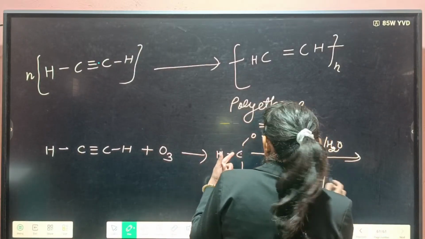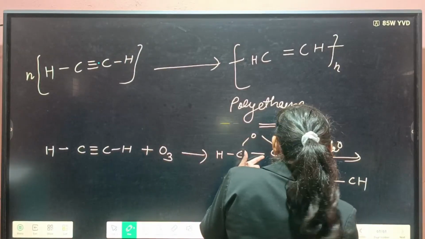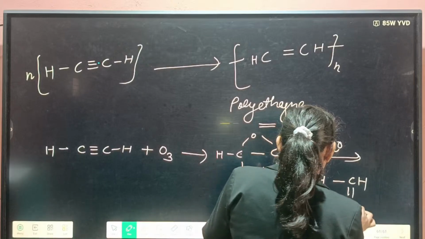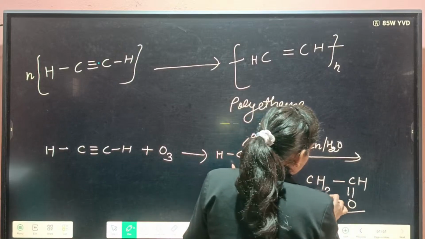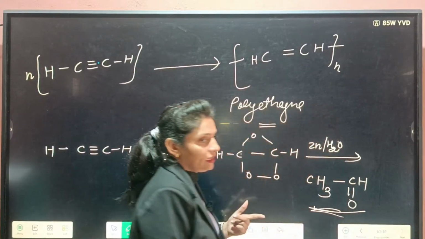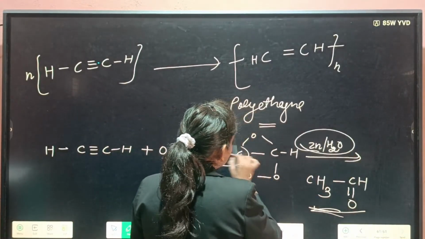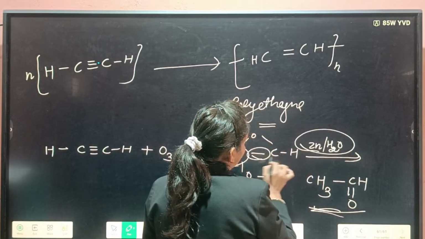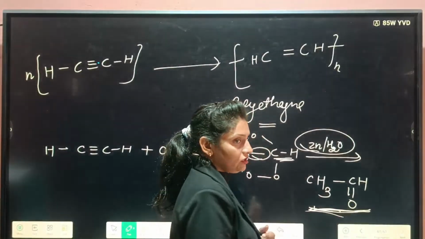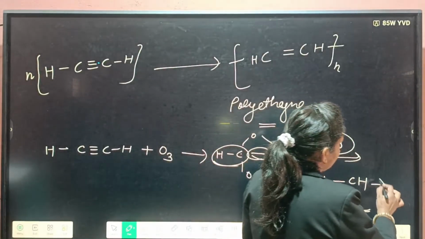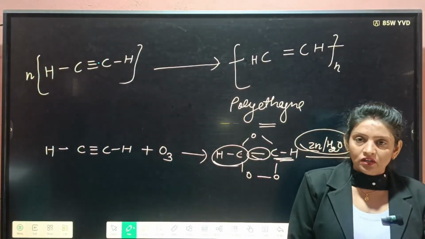CH, this bond you keep as it is, CH double bond O. Yes, and you give hydrogen to this one, beta, because this bond is here also. And CHO, you get the higher aldehyde, and from here zinc oxide. Clear? So any doubt?